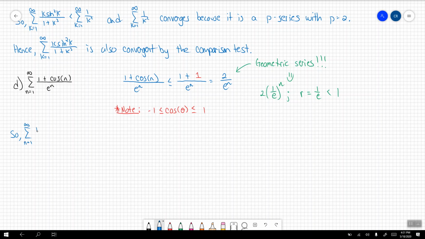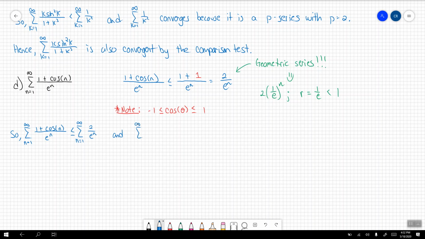All right. So let's take a look. There we are. So this is going to be 1 plus cosine of n, all divided by e to the power of n. And then we built our comparison to say my comparison in this particular case, n is equal to 1, was that 2 over e to the power of n.